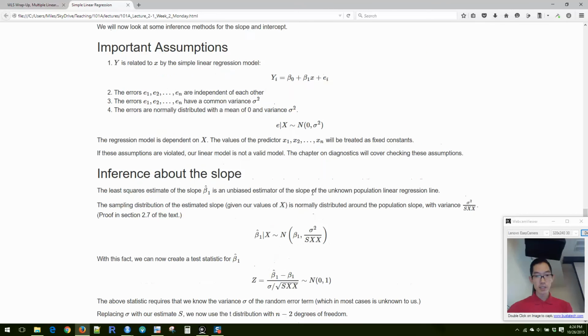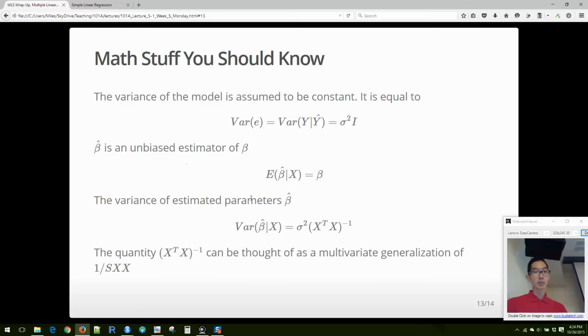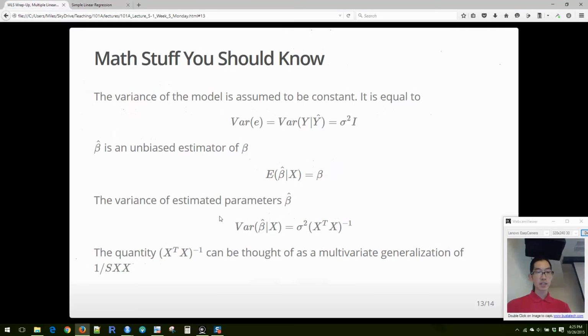If you look at the variance of the slope parameter, you have sigma squared over Sxx. With multiple linear regression, it's pretty much the same thing, except generalized to the multivariate form. So you have the variance of beta hat, which is pretty much all of your slopes, as sigma squared over the multivariate generalization of this. Over here you have this, and here we have this.